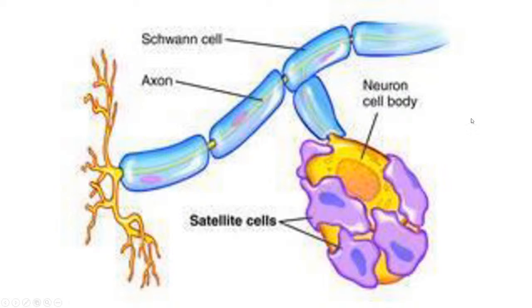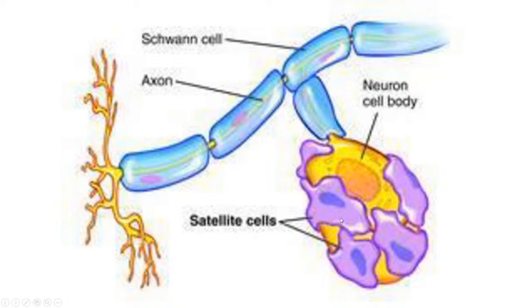All right, so here you can see the Schwann cells. This is a unipolar neuron, by the way. We have one process coming off, so this is a sensory neuron in the peripheral nervous system. You've got the Schwann cells here producing that myelin sheath.